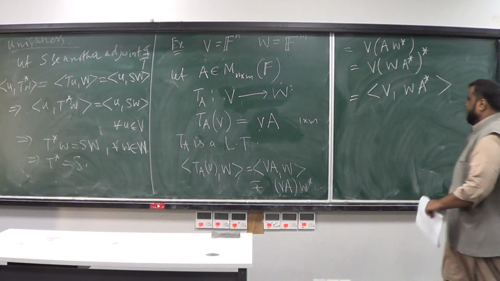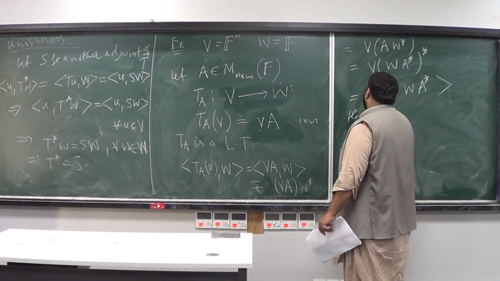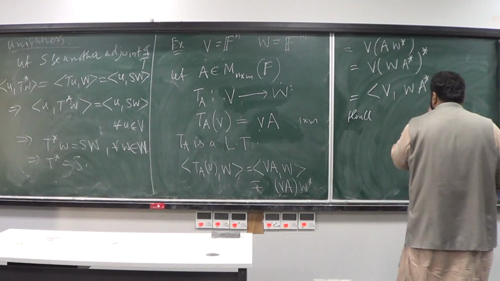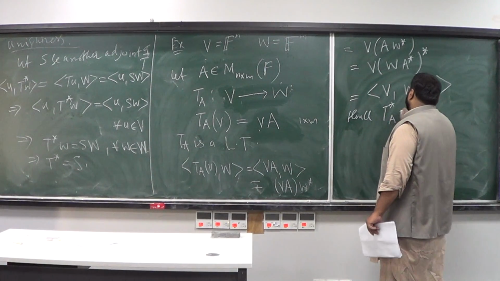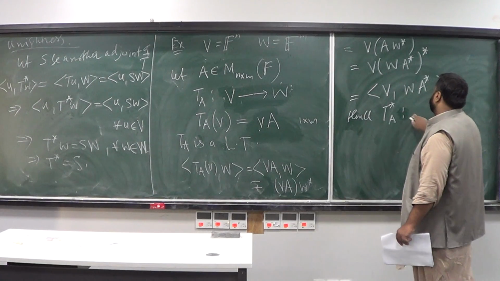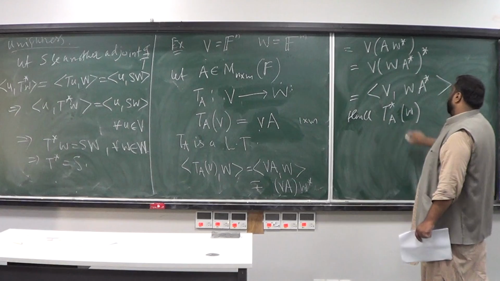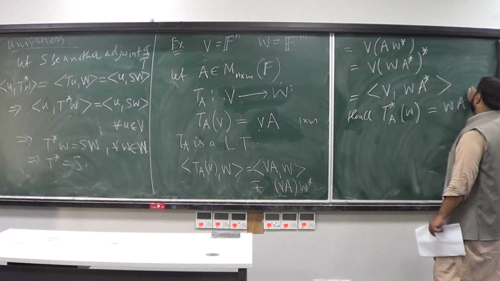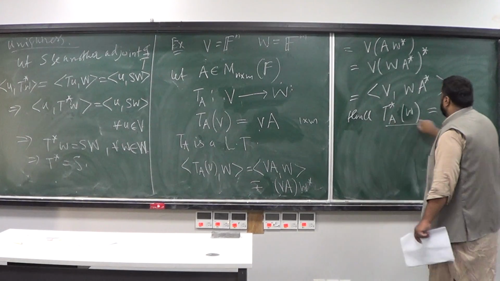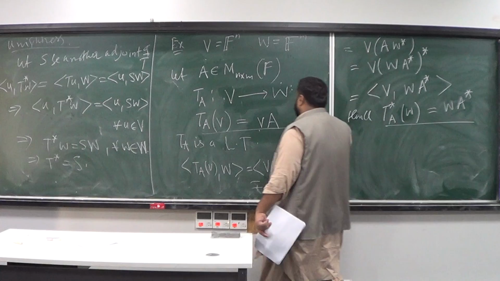So hence the T star corresponding to A is now a map that operates on W and gives you w A star. So this is really the adjoint of the linear transformation A.